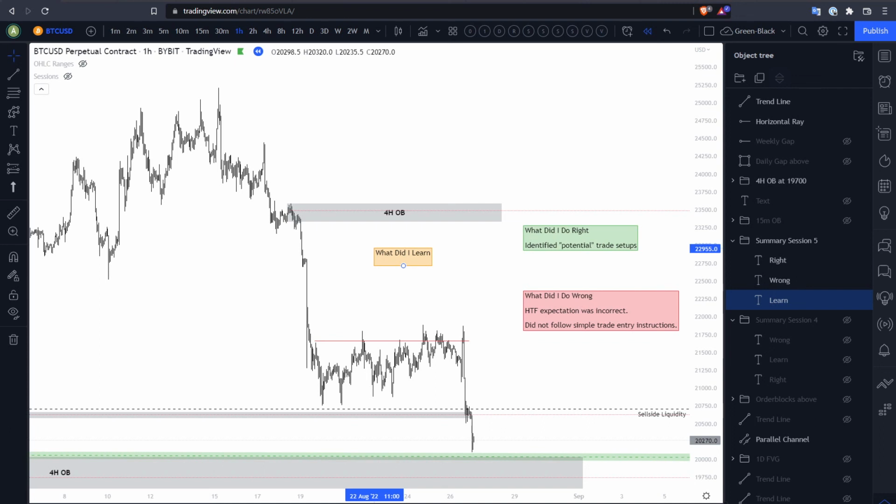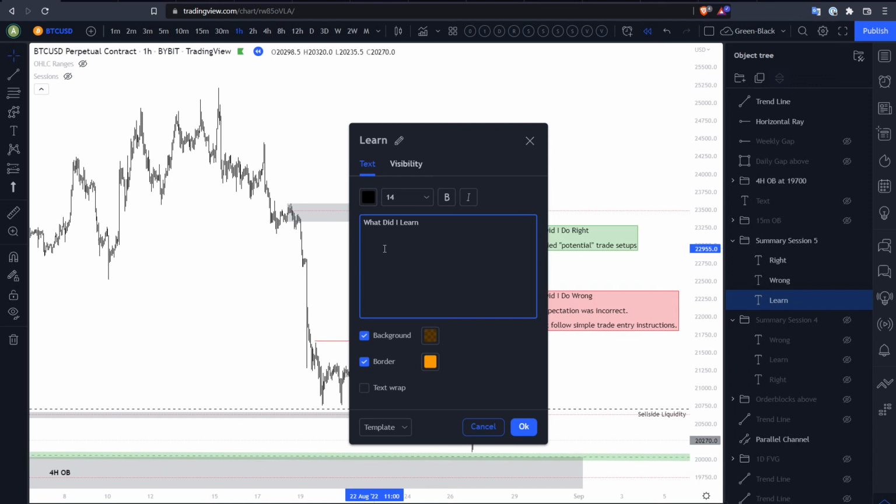And apparently what I'm learning about myself is that I am still overpowered by my old habits and emotional reactions to the price action.